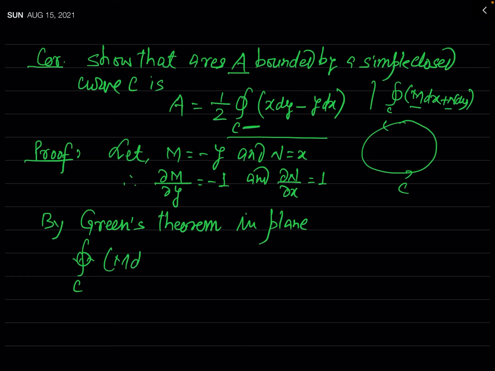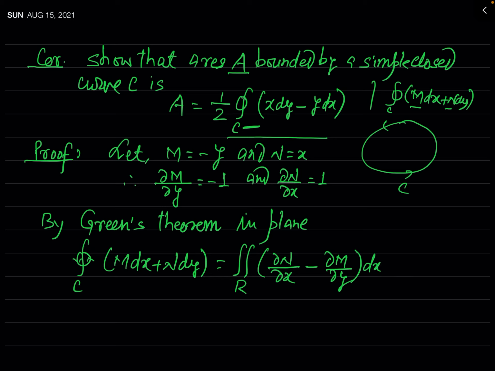M dx plus N dy. And Green's theorem says that this line integral is equal to the double integral over the region R of del N by del x minus del M by del y dx dy.